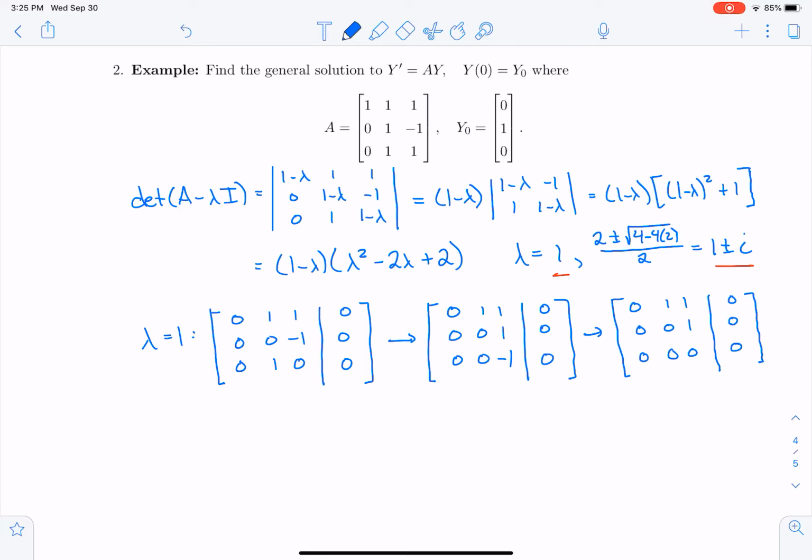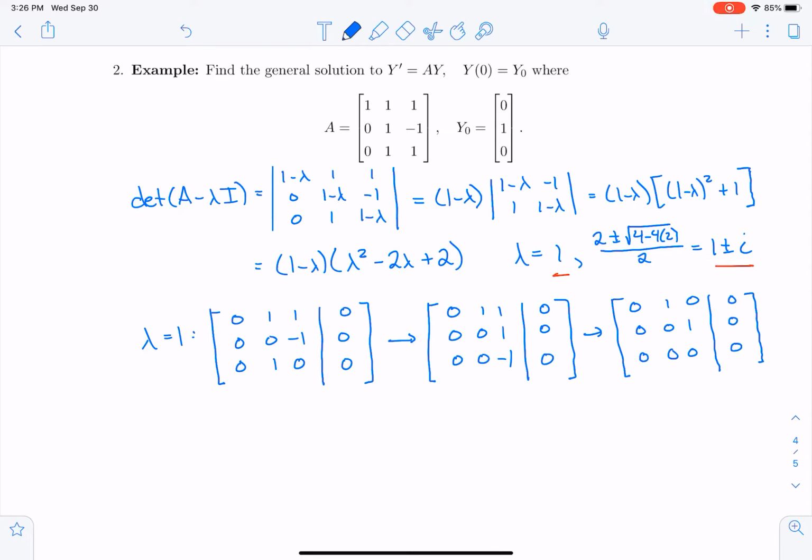Okay, and so I'm just going to look at this system rather simply. In fact, I'm going to look at what I can do with the first row. I could take the first row and subtract off the second row. And so then I would get 0, 1, 0 there.